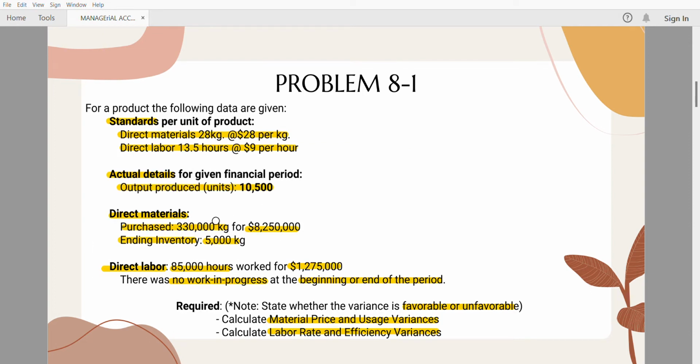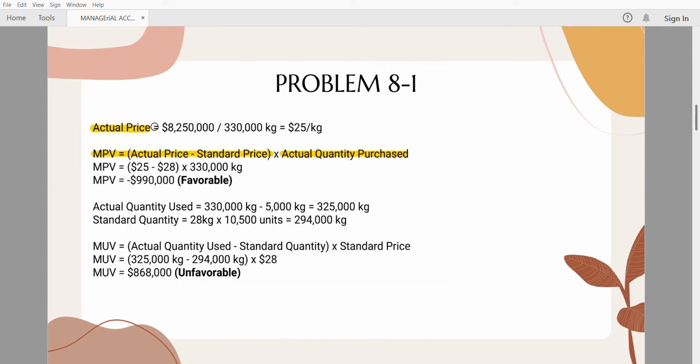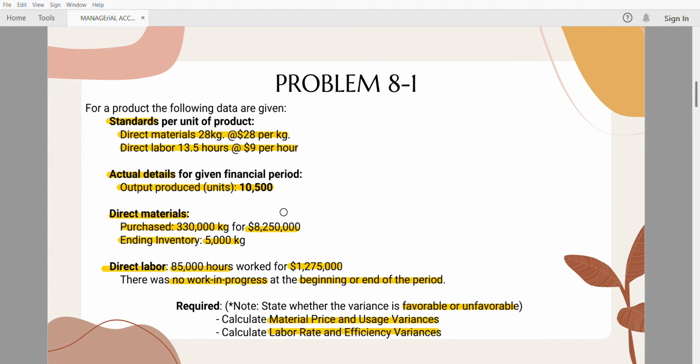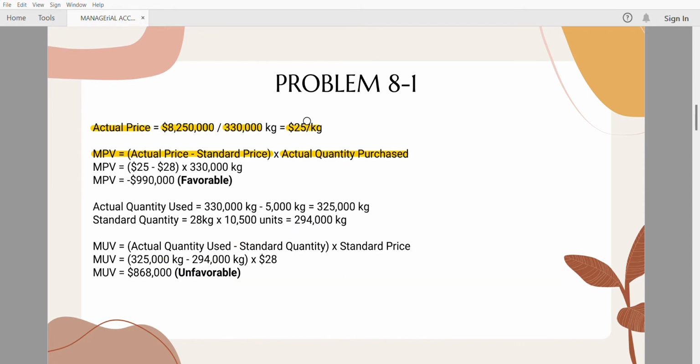We do have the actual cost for materials, but it's all in bulk, 8 million altogether. We don't have the price per unit, so we need to find the price per unit first. 8,250,000 divided by 330,000 kg, we get $25 per kg.